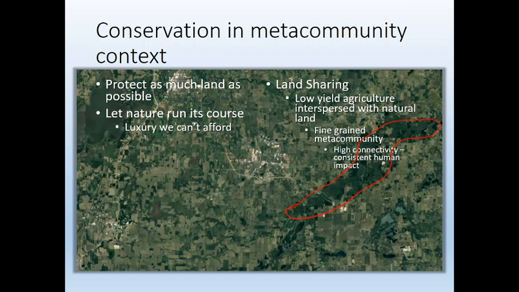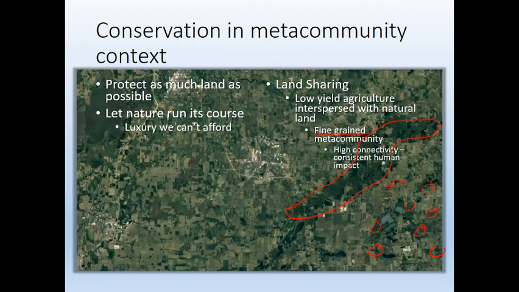Okay, and you can think of this as what's called a fine-grained meta-community. Essentially, maybe you would have a bunch of small habitat patches, you know, some wild or at least forest that you leave alone, right?